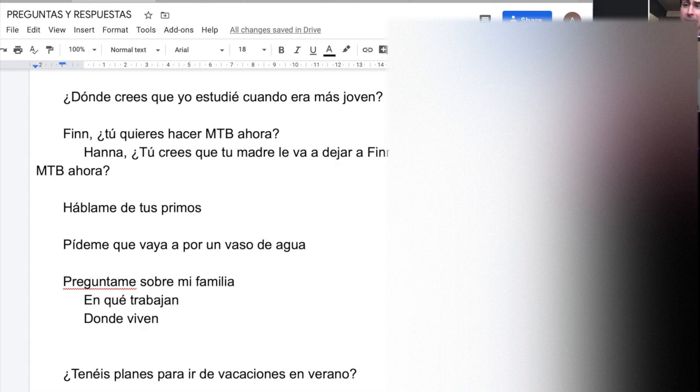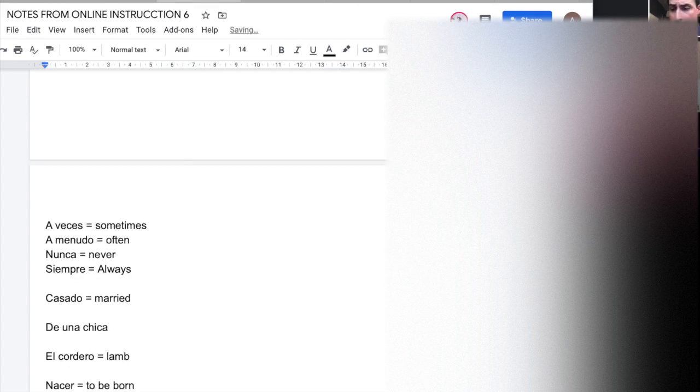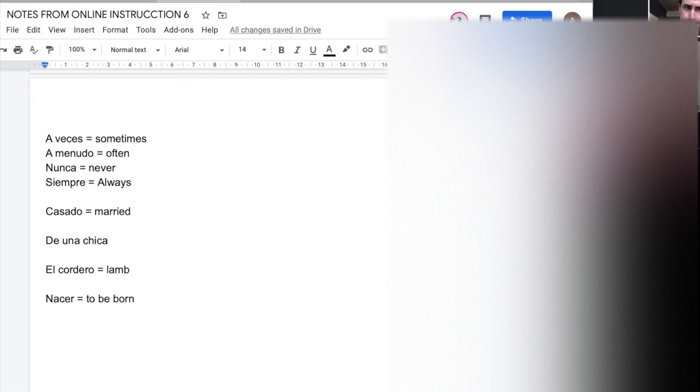Dejar significa, atención, ¿qué significa dejar, Finn? To bring. No, eso es to bring, es traer. Atención, chicos, esto es muy importante. Dejar. To let or allow. To leave.